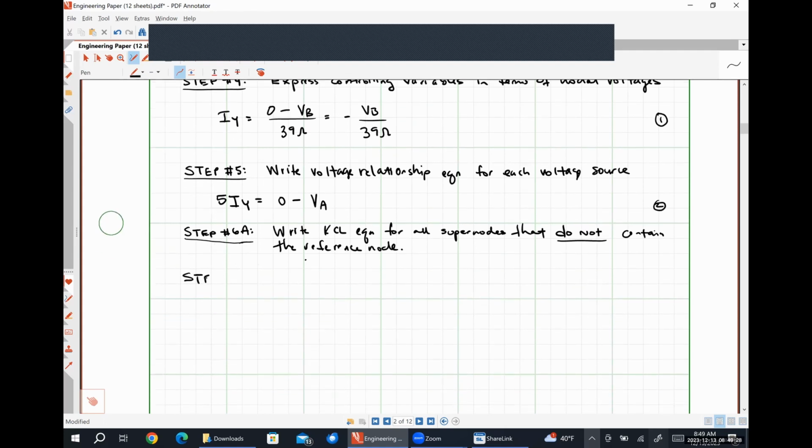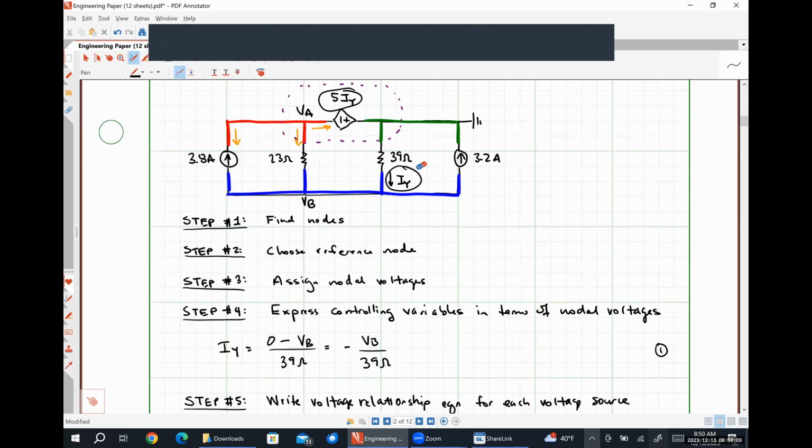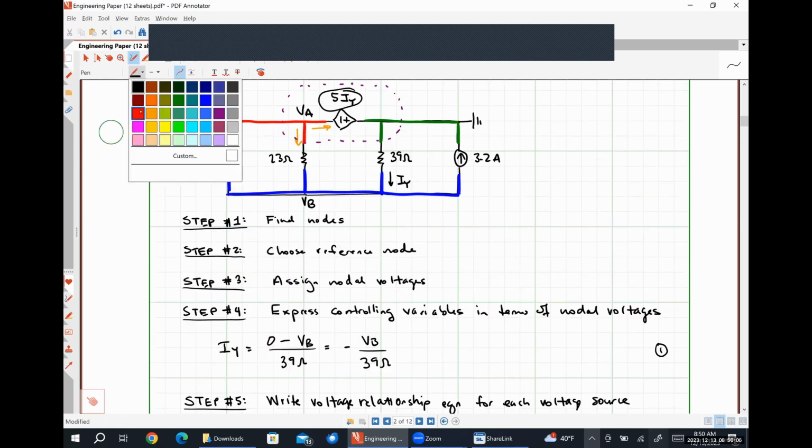Well, our third equation is going to be step 6B, let's call it. Write KCL equations for all remaining non-reference nodes, which in our case would literally just be node B. So KCL at node B, we're going to be adding these currents together.